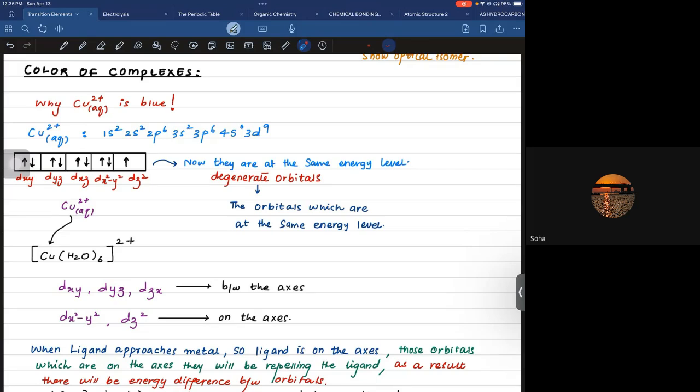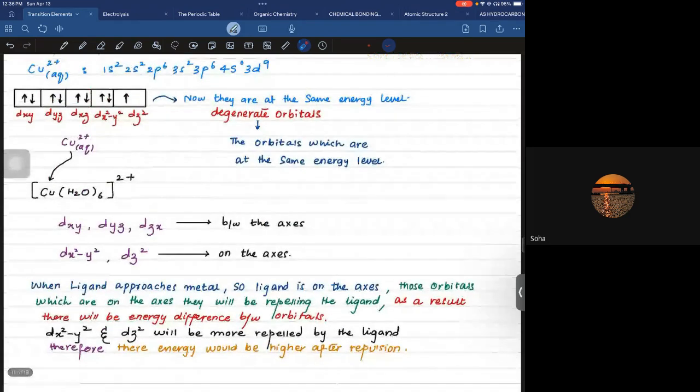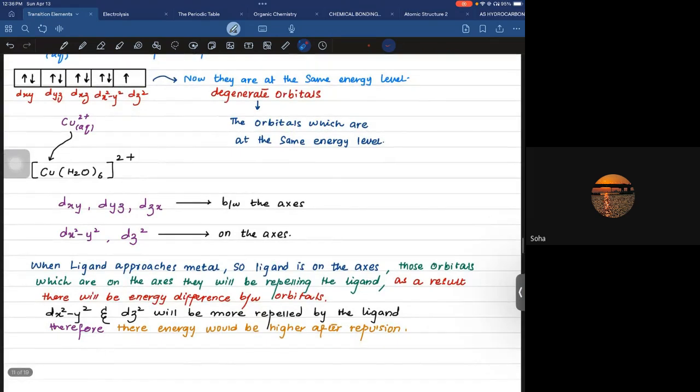So the ligands approach the metal on the axis. This is what I want to tell you, on the axis. When a ligand approaches the metal, the ligand is on the axis. Those orbitals which are on the axis will be repelling the ligand, facing the ligand.